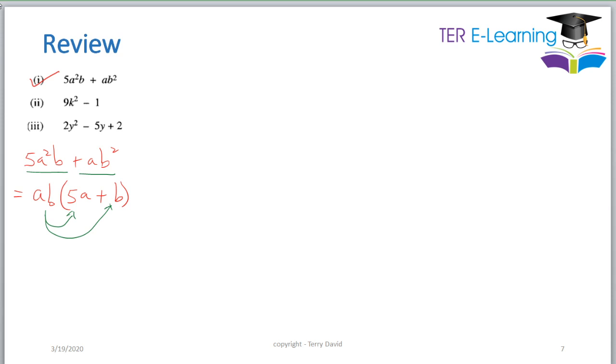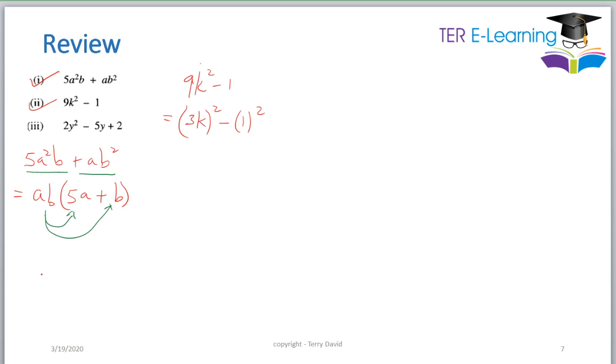Now let's do the second one, which is 9k squared minus 1. If we look carefully, it's a minus sign, and 9k squared is a square and 1 is also a square. So what I told you all in class, we should write it like this: 9k squared could be written as 3k squared minus 1 squared.